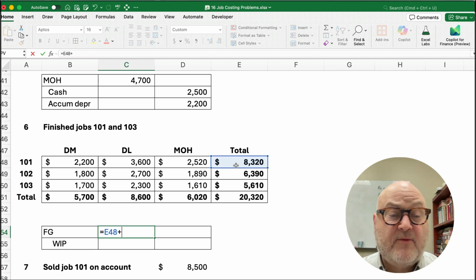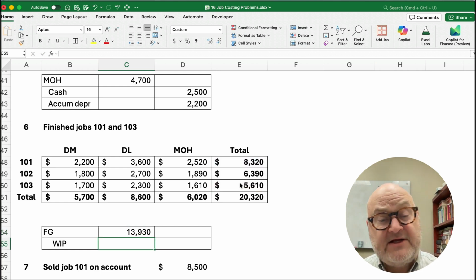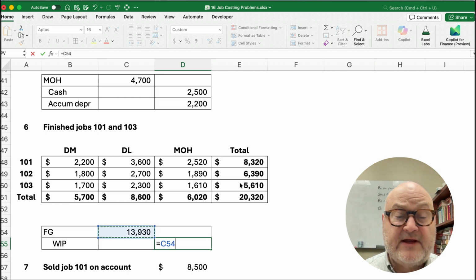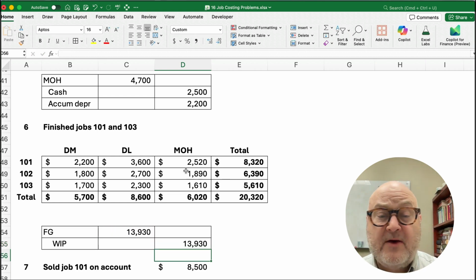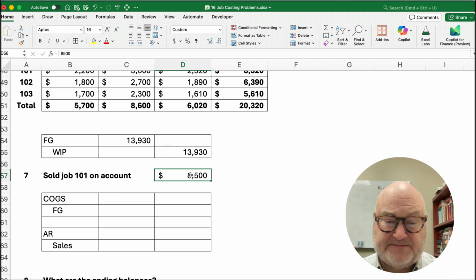What's the cost of job 103? It's 5,610. So we have finished goods moving from work in process to finished goods, 13,930. So there we go. We have 13,930 that's moving over.